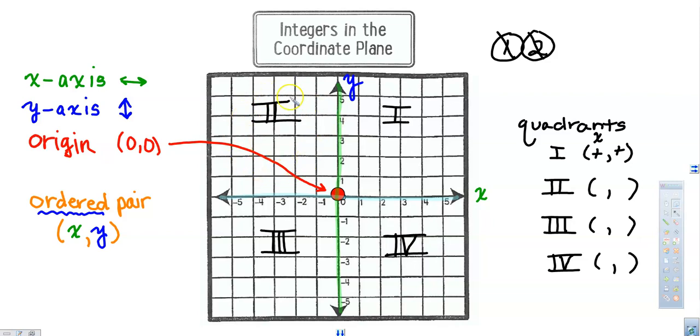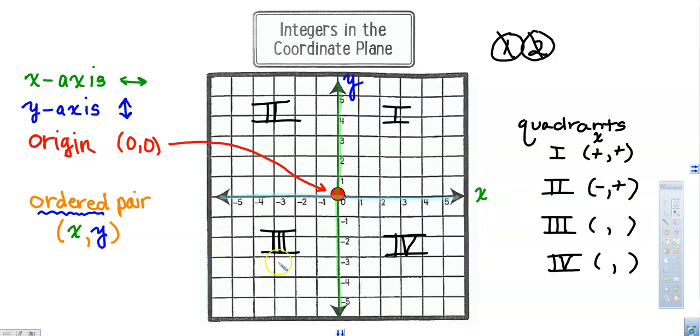They will all be negative. And your y values in this section of your coordinate plane are all above 0, so they would be positive. So all the points or locations in this quadrant, our x value will have to be negative and our y value will have to be positive.